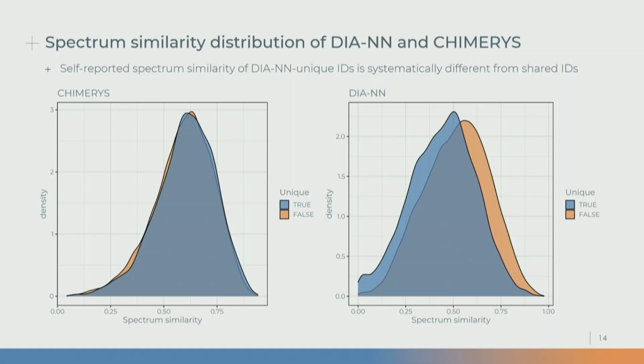And again, same as before with the intensity distribution, here the spectrum similarity distribution is also shifted a bit, so for the unique peptides, it's shifted a bit relative to the ones that are shared between the two approaches. So I think that's pretty interesting data, and we really have to take a look at that and investigate this further. All of that is active research on our end, trying to move forward as a company and with Chimeras.